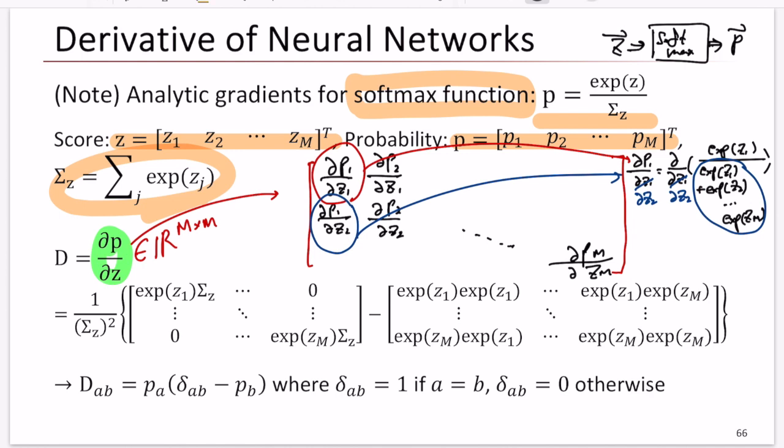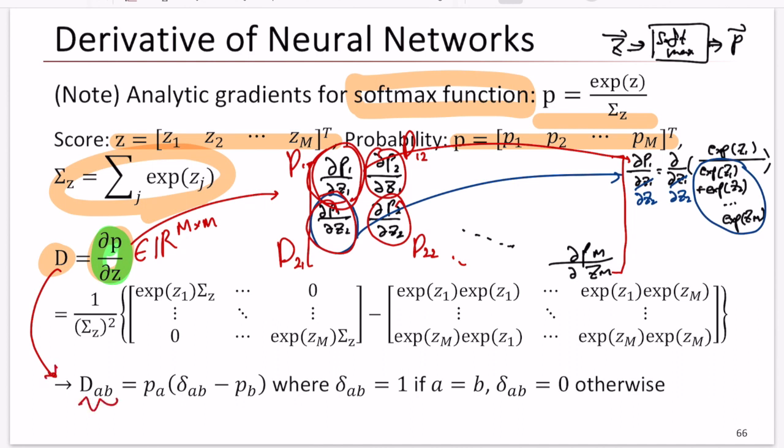Then after deriving with some mathematical tools, we define this matrix as D, and define this value as D11, this one as D21, this one as D12, and this one as D22, and so on. The AB element can be represented like PA times delta AB minus PB, where delta AB is equal to 1 if A equals B, I mean the diagonal term, and delta AB is equal to 0 otherwise.